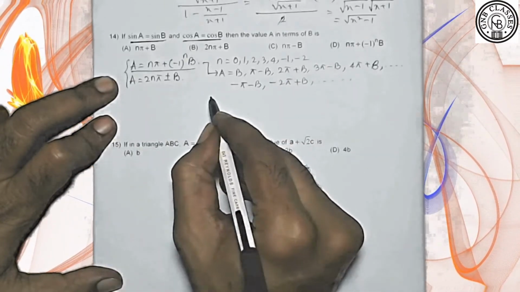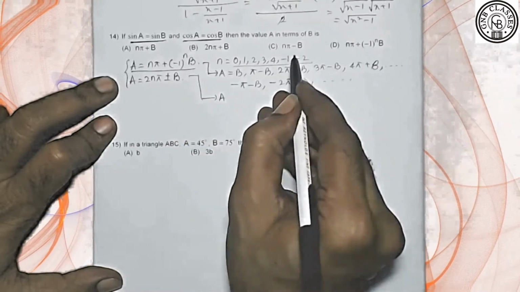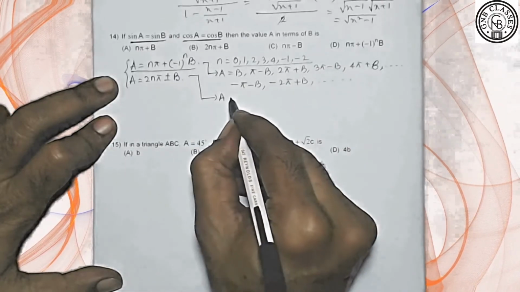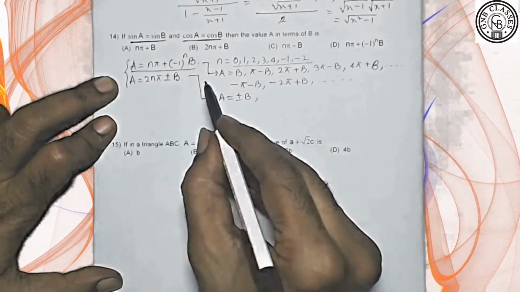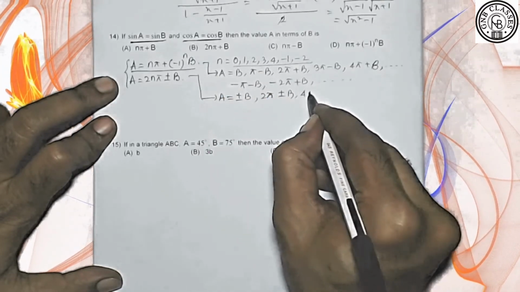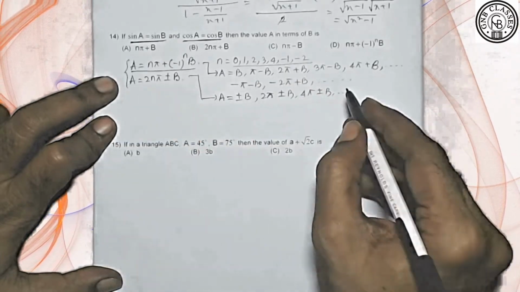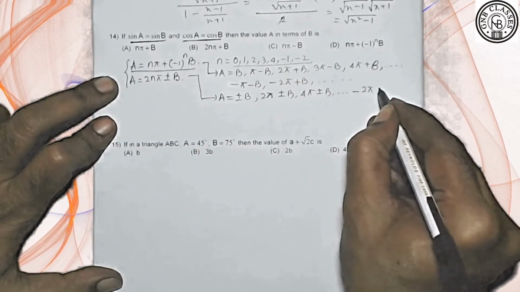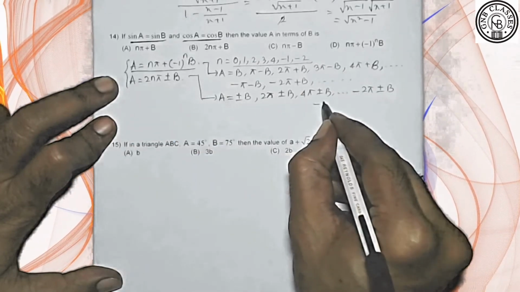Now, in the second case, if I put the same values of n, if I put n is 0, we are going to get plus minus B. If I put n equals 1, we are going to have 2 pi plus minus B. If I put 2, we are going to have 4 pi plus minus B, and so on. Even if I put -1, we are going to have minus 2 pi plus minus B. And if I put -2, we are going to have minus 4 pi plus minus B.